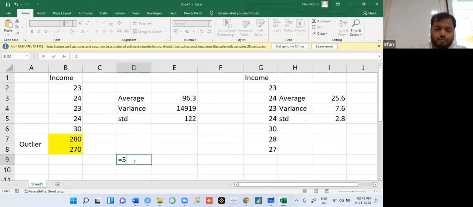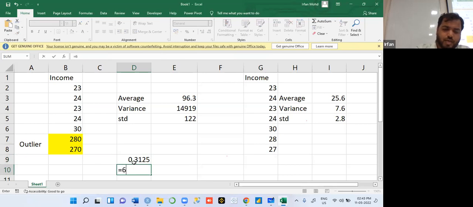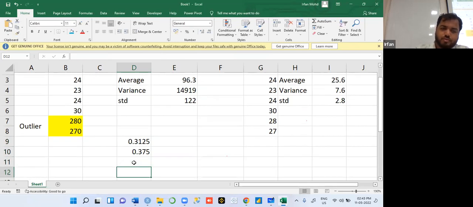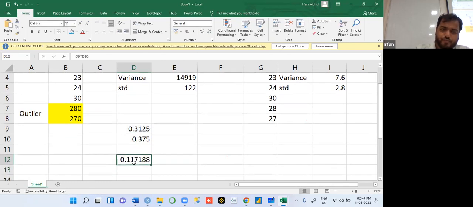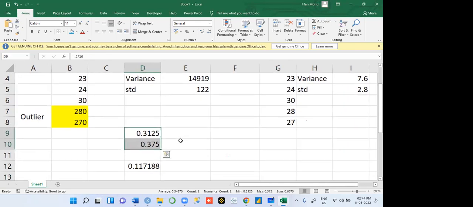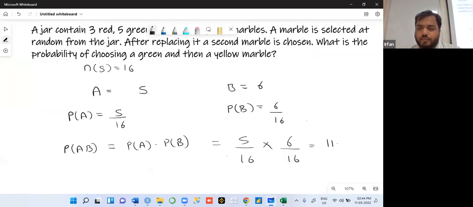Do 5 divided by 16 and do 6 divided by 16. Guys, keep a habit in stats, use a calculator. Okay. 11.71. Okay. Everyone is using a calculator now, either on a mobile phone or any other, it's okay. Using a calculator only. 11.71.